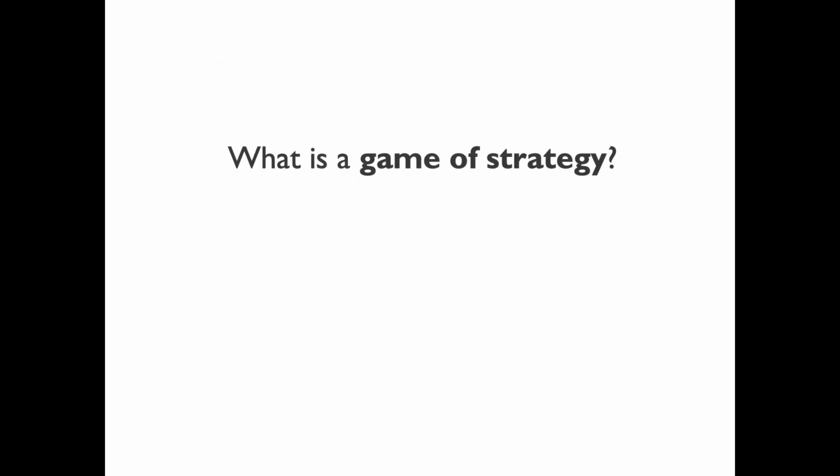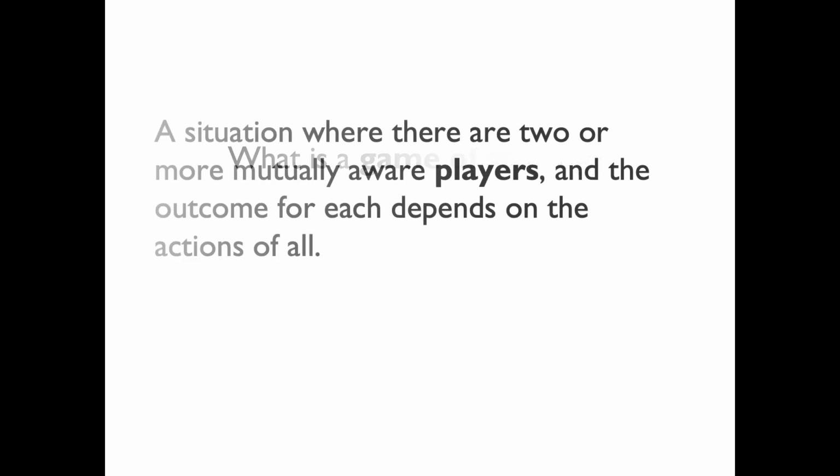Well, the first thing we need to know is what is the definition of a game of strategy. We're going to use a very basic definition of a game in this class, which will be the following. It's a situation where there are 2 or more mutually aware players, and the outcome for each depends on the actions of all. Now, notice that in this definition, we're not saying that one person has to win and the other has to lose. That's definitely going to be the case in some games, but it's not going to be the case in all games.